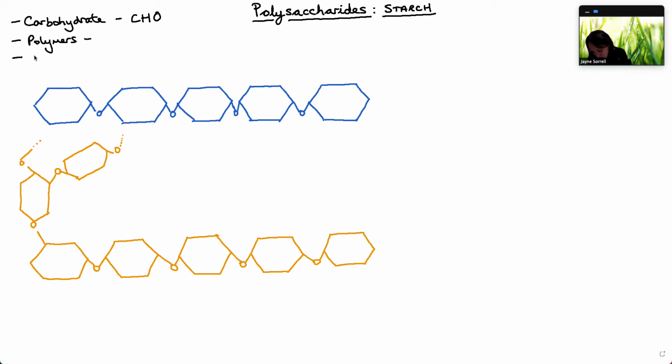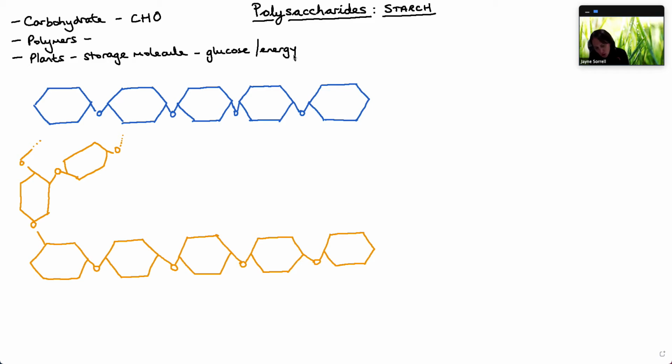Starch is found in plants. It's a storage molecule, and what it stores is, you can either say glucose, or you could say energy. Starch is made up of glucose, hence why it stores glucose, and glucose is used in respiration to release energy, hence why you could also say that it is a storage of energy.